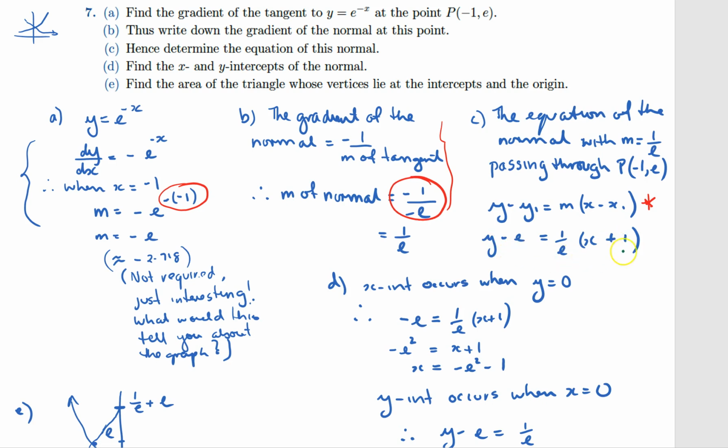Another common format for the equation of a straight line is ax plus by plus c is equal to 0.